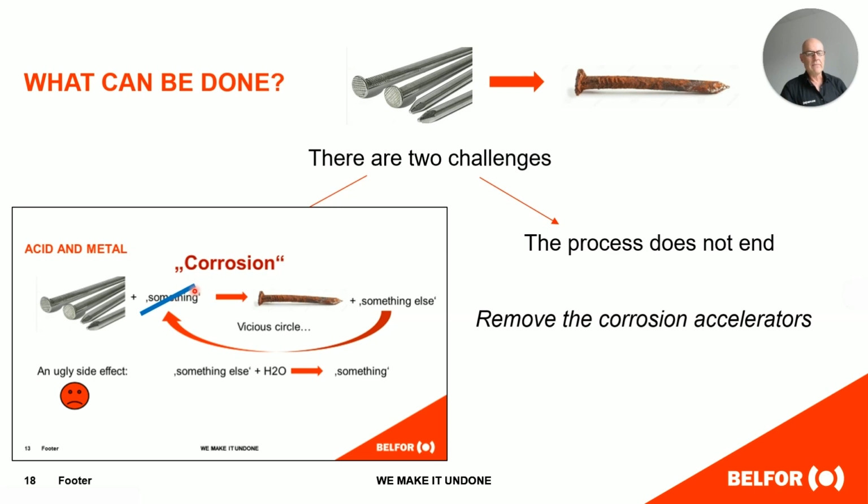Then the next step would be remove the corrosion accelerators and stop the process. This could help you to reduce the damage and to go back to work, to go back to production quickly. That would be our recommendation.